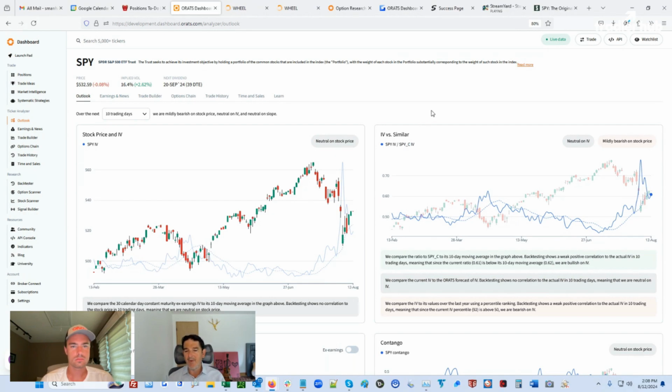So if we had Apple, it would be SPY. If we had something like TSM, it would be SMH or something. So we try to get the best ETF components in there to compare everything to. So yeah, you're right. It's a unique thing to ORATS, and it can be very important.